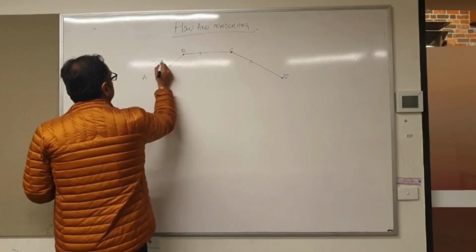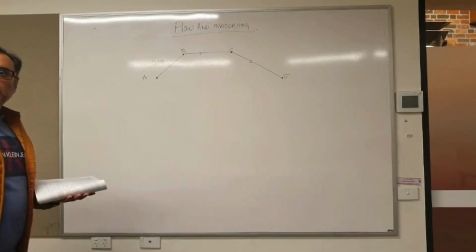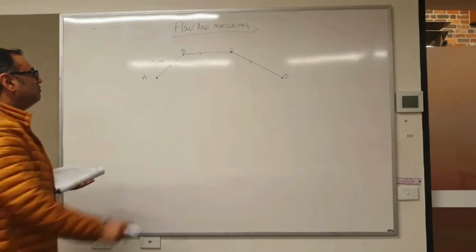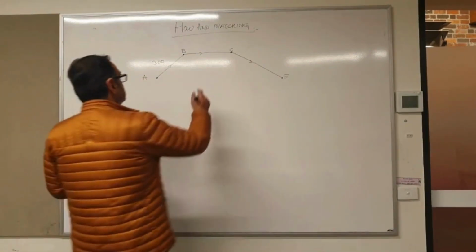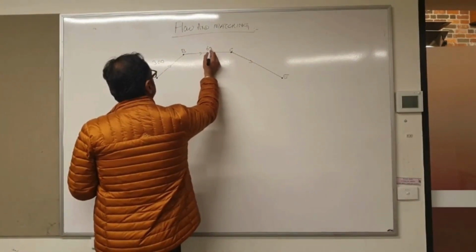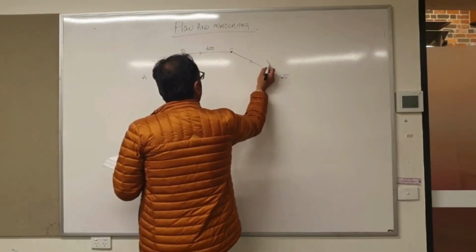And that's the number of cars, the maximum number of cars that can flow from A to B, the capacity of AB basically, that pipe is 300, 600, and 800.